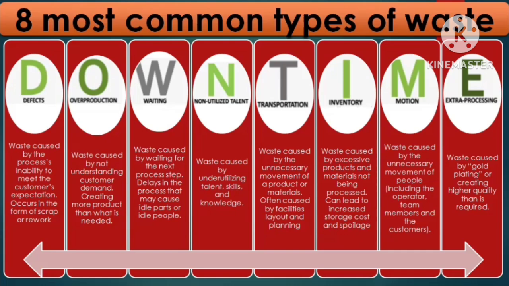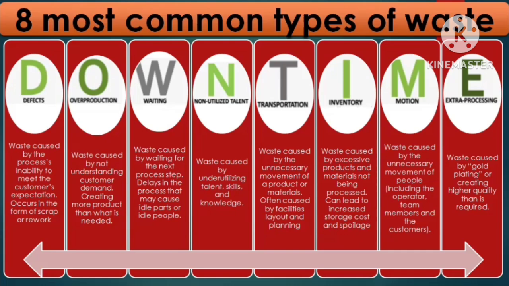The most common 8 types of waste we commonly call DOWNTIME. Here D stands for defect, O for overproduction, W for waiting, N for non-utilized talent, T for transportation, I for inventory, M for motion, and E for extra processing.